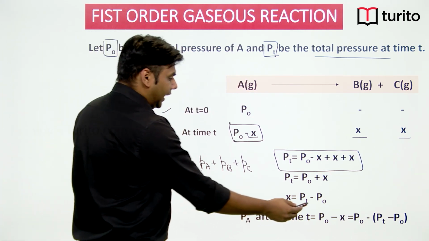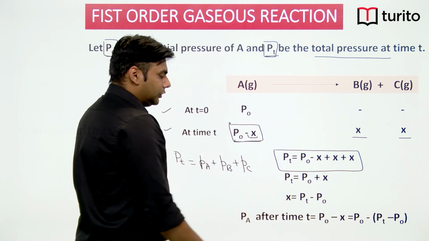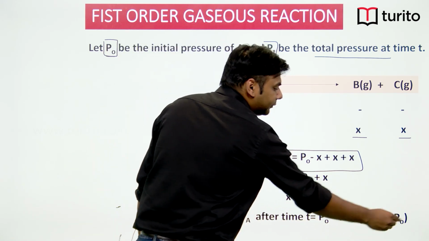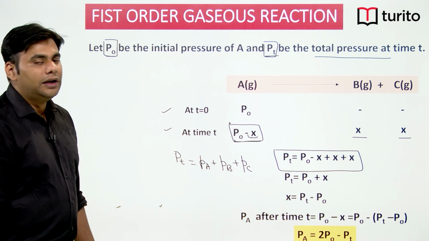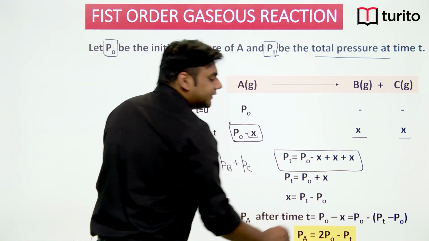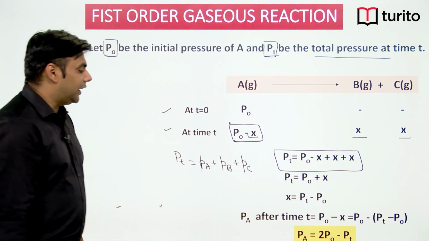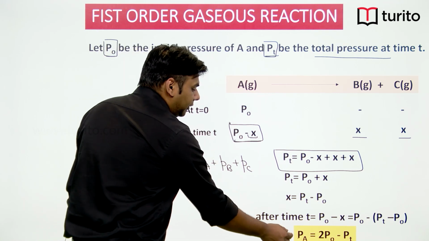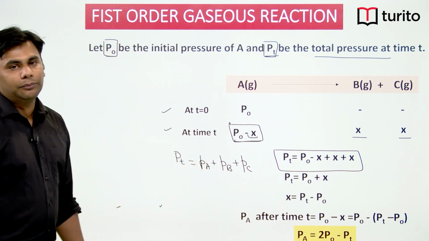So we will put the value of X as Pt minus P naught. So we will get P naught minus Pt minus P naught. So this should come out to be 2 P naught minus Pt. Okay, so the pressure of A after time T would be 2 P naught minus Pt.